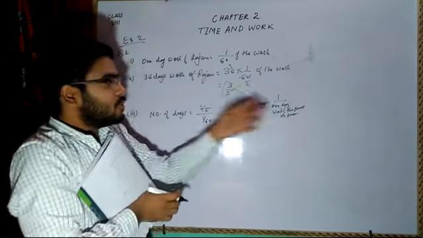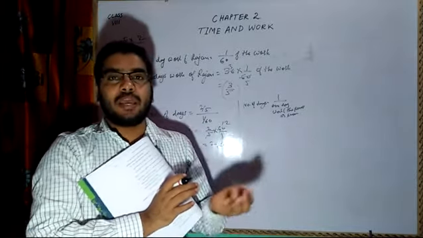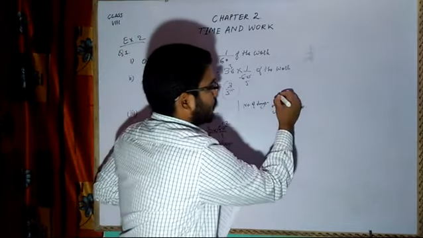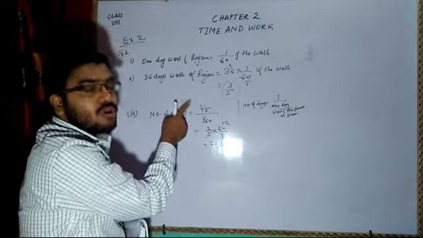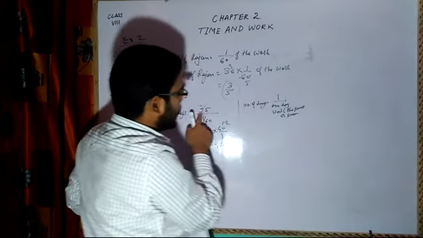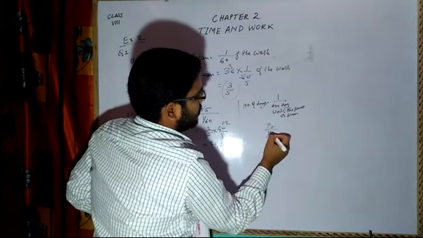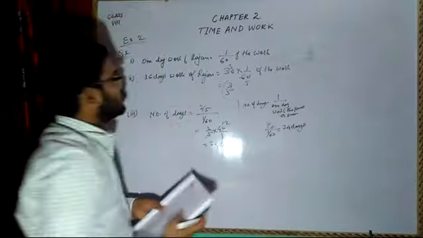Either one person will be involved like in this case, or there may be a group of people, A and B together, A, B, C together, A, B, C, D, E together. So one work he was supposed to do. There was only one work, that field. Here how much part of the work does he have to do? 2 by 5. So instead of 1 I will be writing 2 by 5, divided by 1 day work. So here 2 by 5 divided by 1 by 60 will give you 24 days. In this way we finished our question number 1.